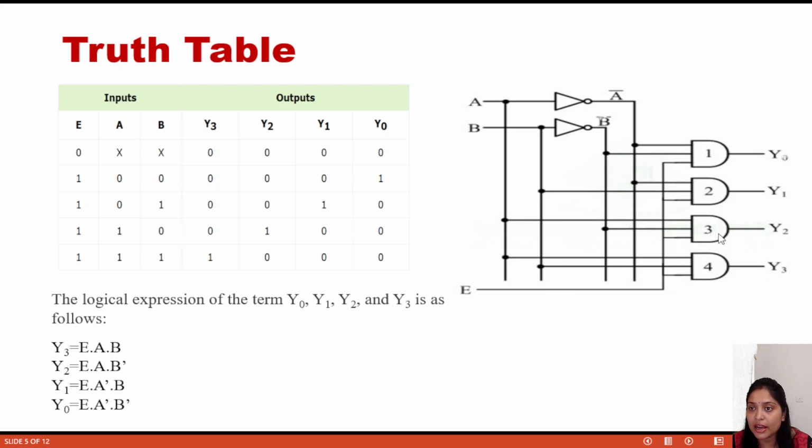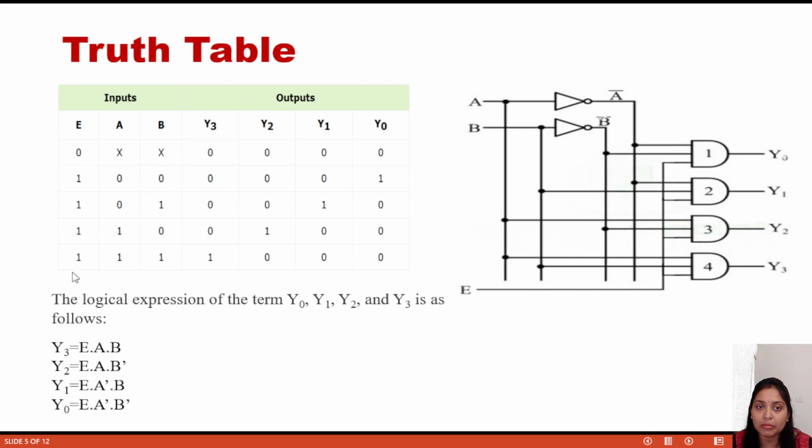Second, we consider AND gate 3. The first line is connected to A, which is 0, that means y2 is also 0. Then for the fourth AND gate, both inputs are connected to A and B, so both lines are 0-0, so the output will be 0. So only when the 0-0 input is there does the output go to y0.